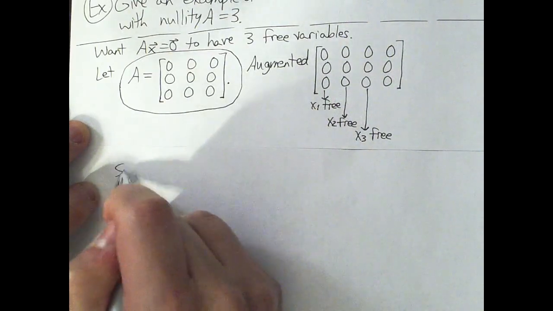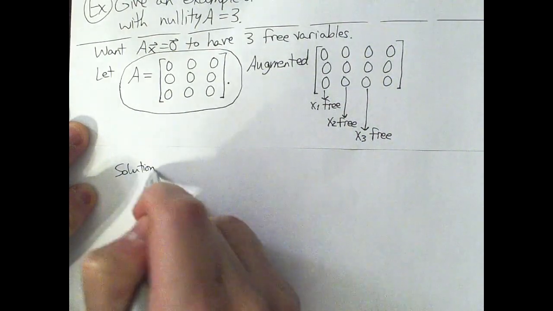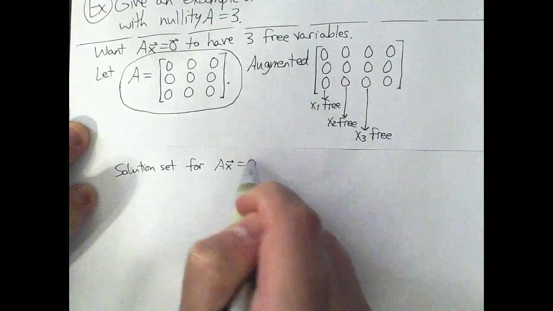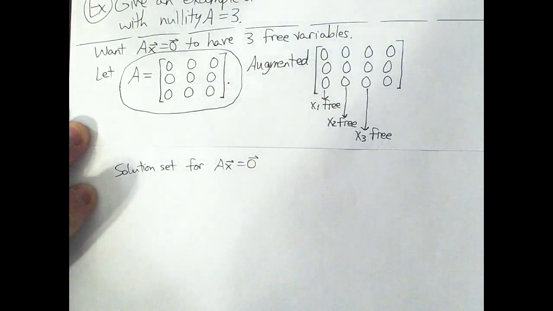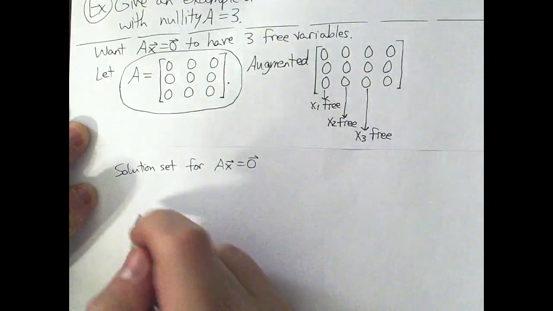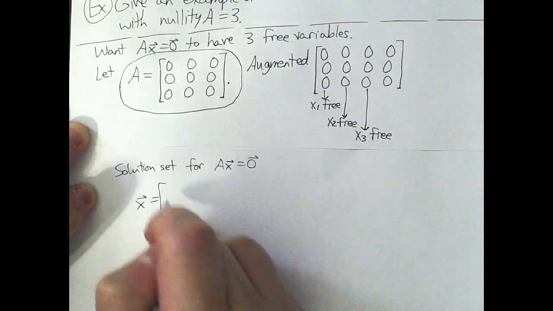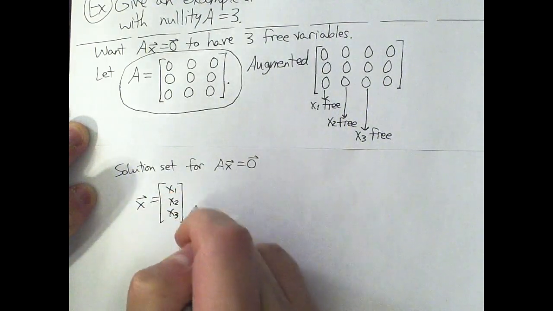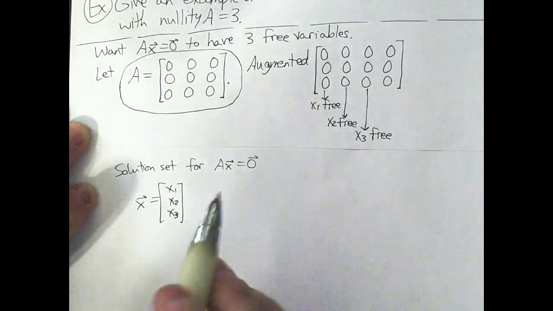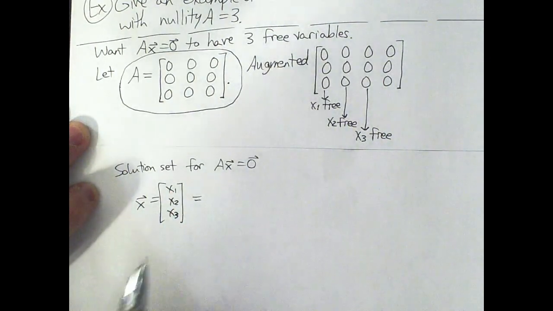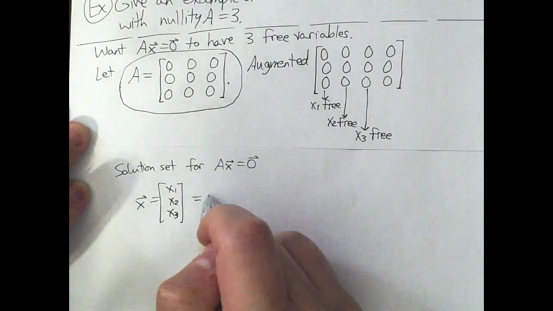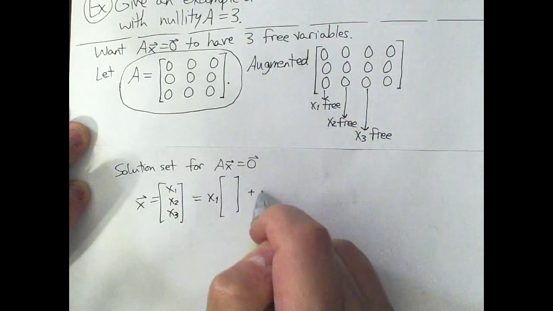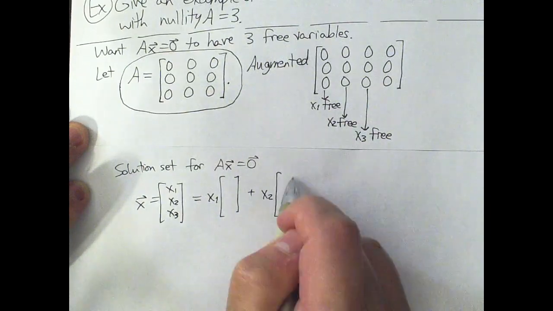So the solution set for AX equals 0. We often like to write things in parametric vector form. So X would be X1, X2, X3. They're all free. You know that in parametric vector form, we usually write a free variable times a vector plus a free variable times a vector.